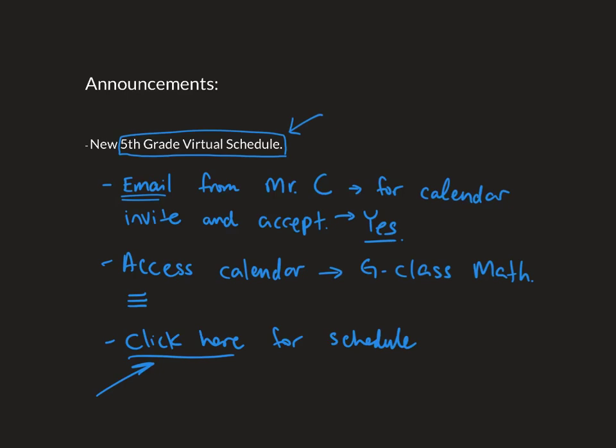Oh, good question. I've built in the schedule in another location, and you're right. It's in the Google Classroom class of 2023. You'll find it there as well. You'll find it for sure.